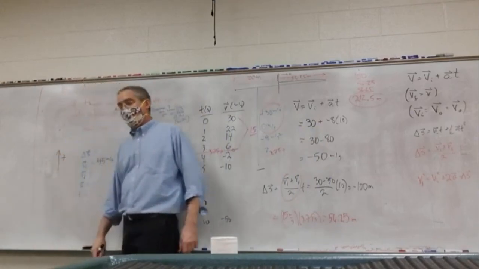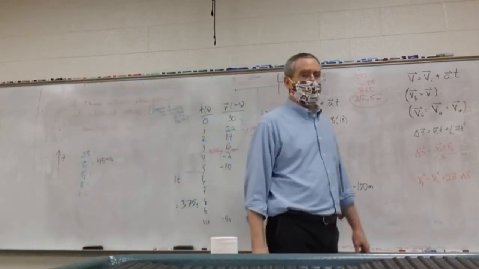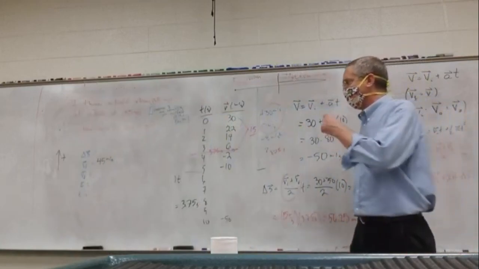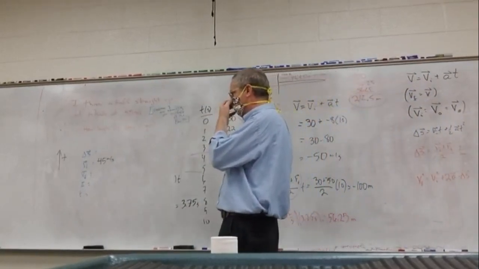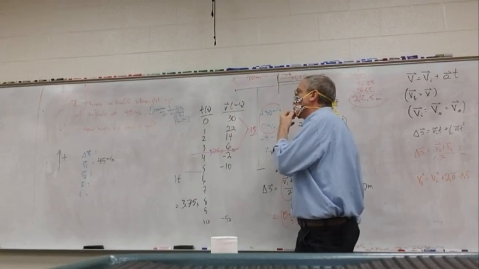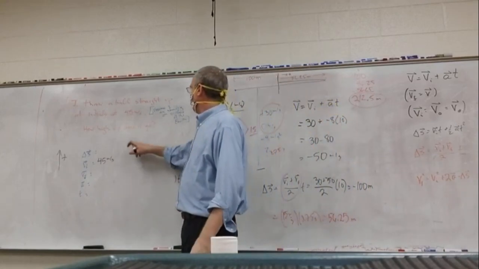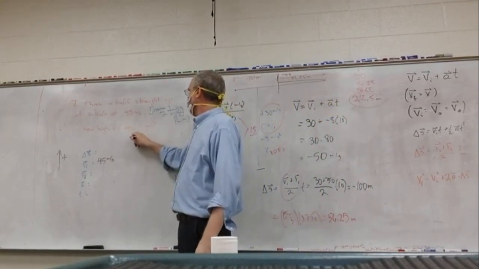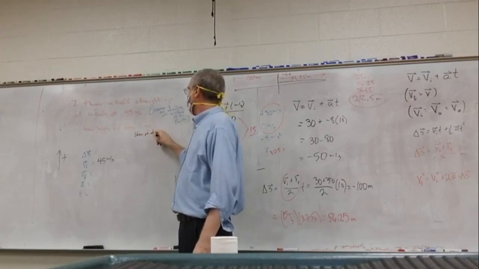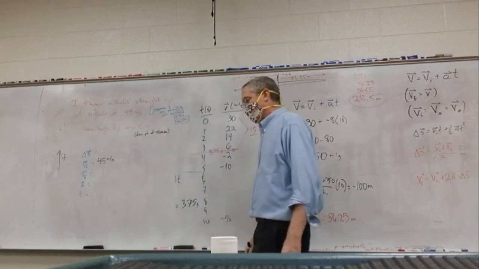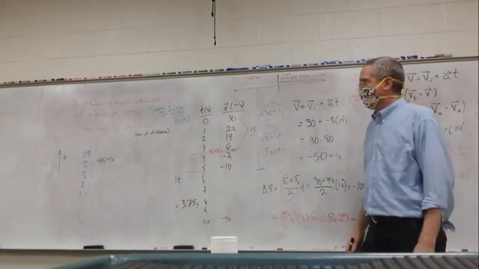You can choose up to be negative if you want to, there's absolutely no problem with that. It does not change the answer. Also implied, how high up does it go? This is from point of release, since I did not tell you how far the hand was above the ground when it was released.